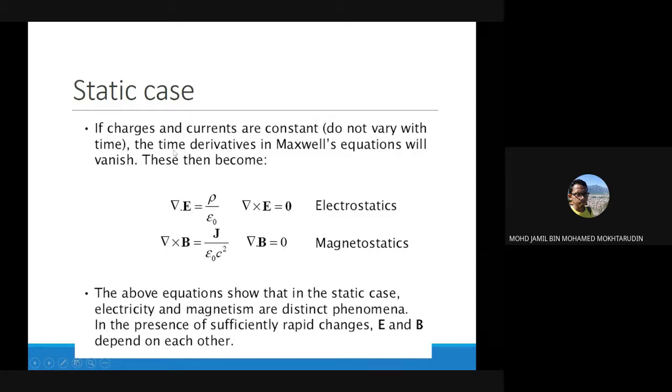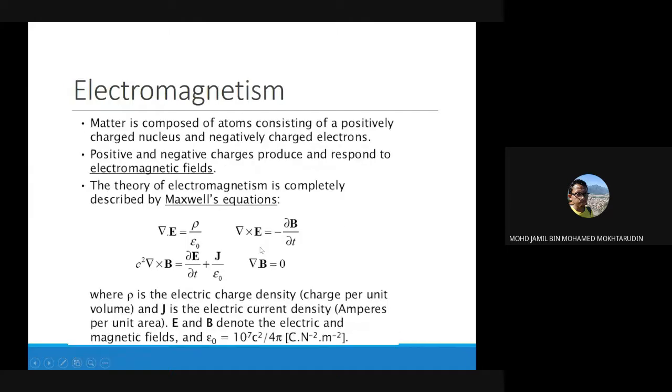So all of the time derivative terms in these equations can be assumed equal to 0. For the static case, the electrostatic equations are given by the first 2 equations, and the magnetostatic equations by the second 2 equations. It's similar, but without the time derivative.